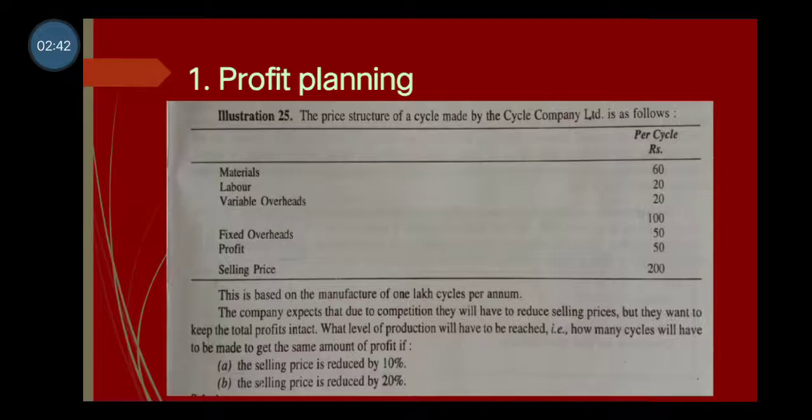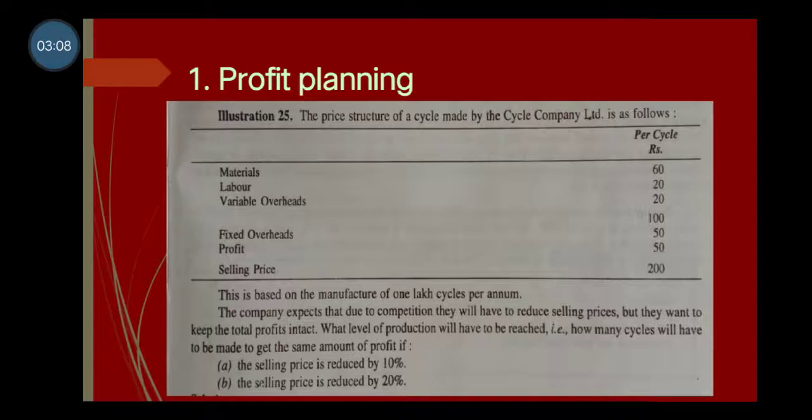Labor rupees 20, variable overheads rupees 20. The total variable cost is rupees 100, the total of 60, 20 and 20. Fixed overheads rupees 50. Profit rupees 50. Selling price 200. That is the cost structure of one cycle.